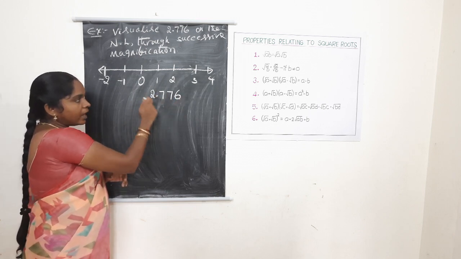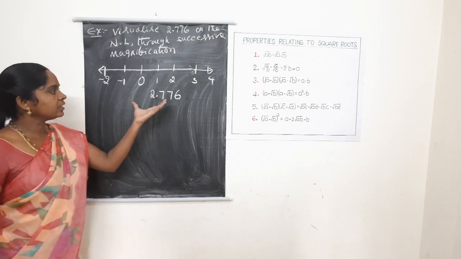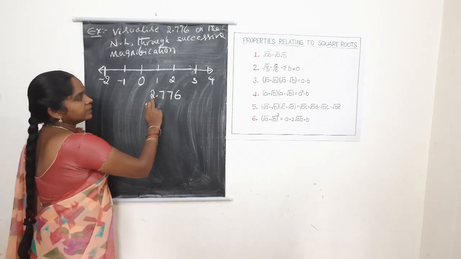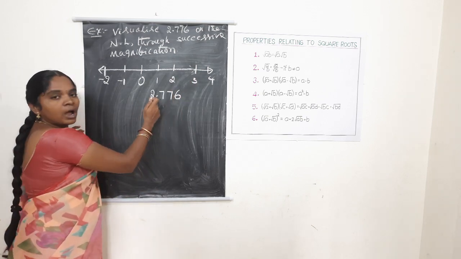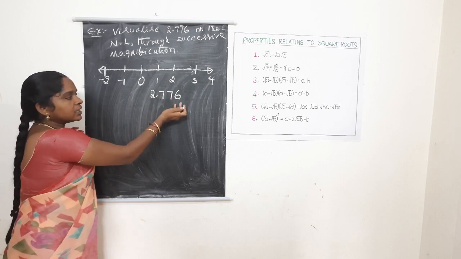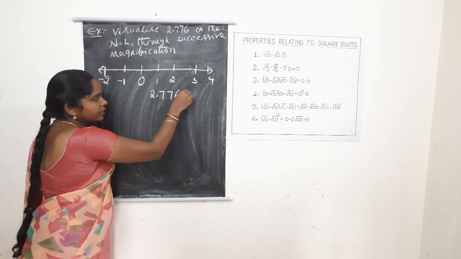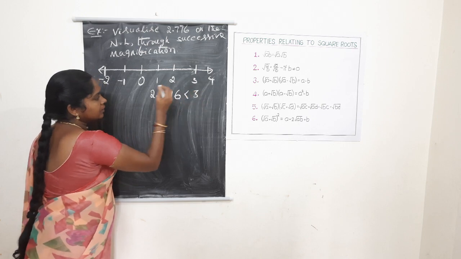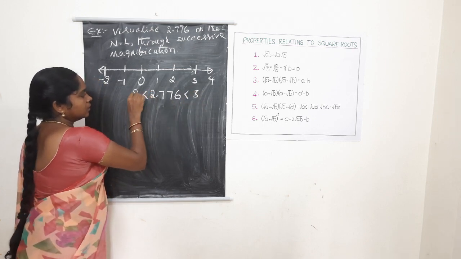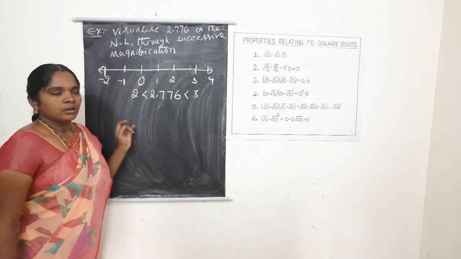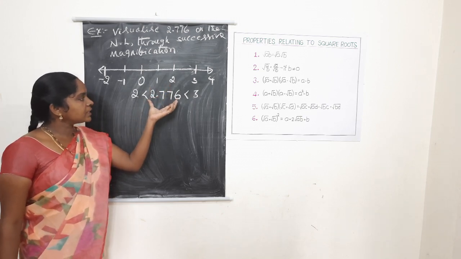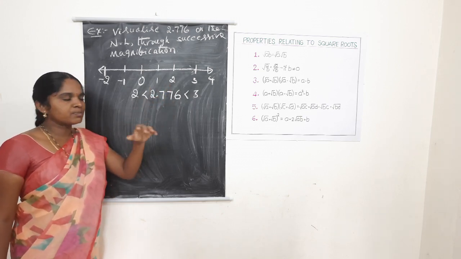So this value lies between definitely 2 and 3. Given number 2.776 is a terminating decimal.